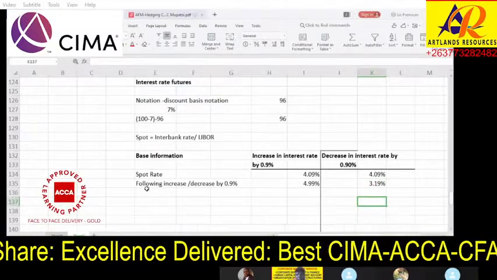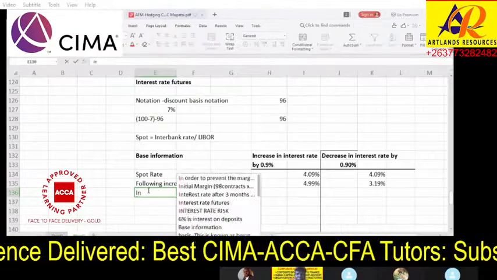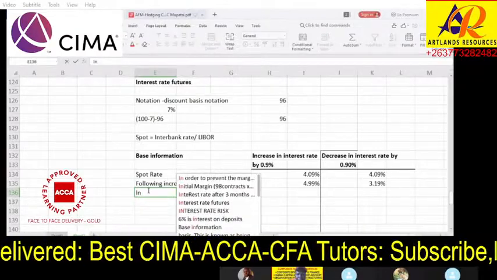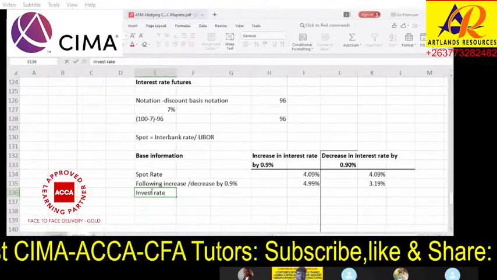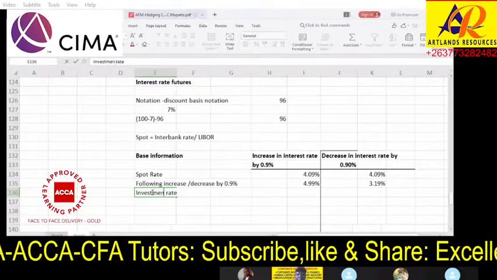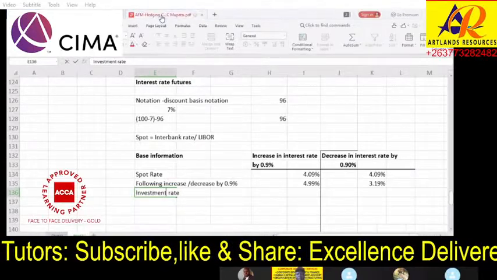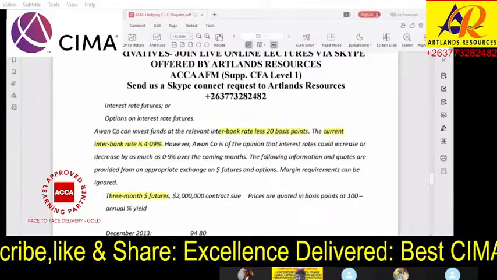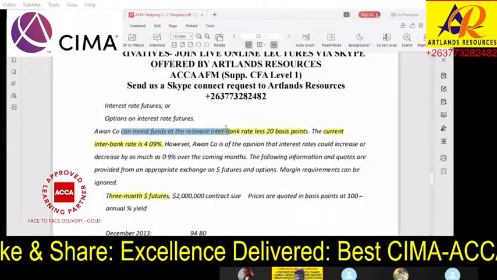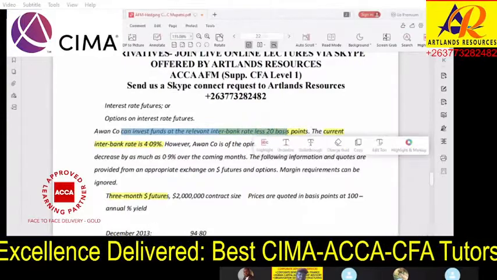And then what A1 does, the investment rate. We are told that A1 invests relevant funds at interbank rate less 20 basis points.